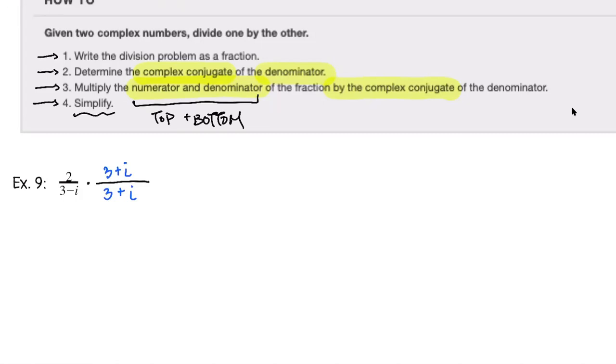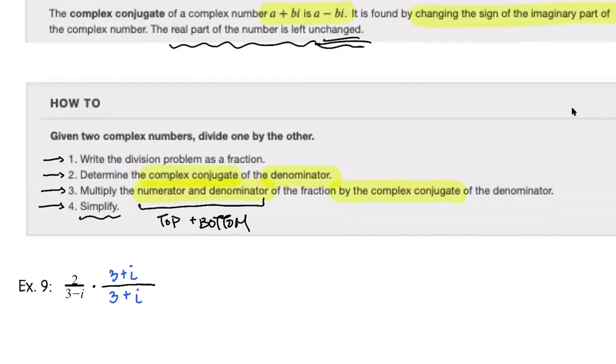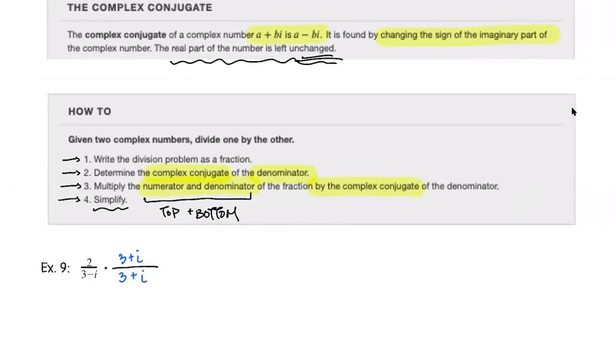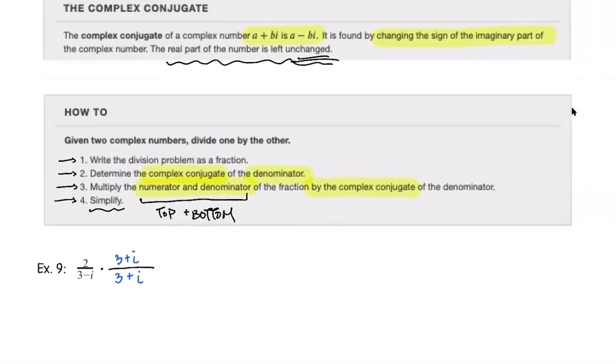We're not just changing it, we're multiplying by the complex conjugate. And that'll become clear in a moment why we're doing the complex conjugate. But by definition, the complex conjugate is when you change the sign of the imaginary part. So we're using the definition of the complex conjugate to find something to multiply our problem by.